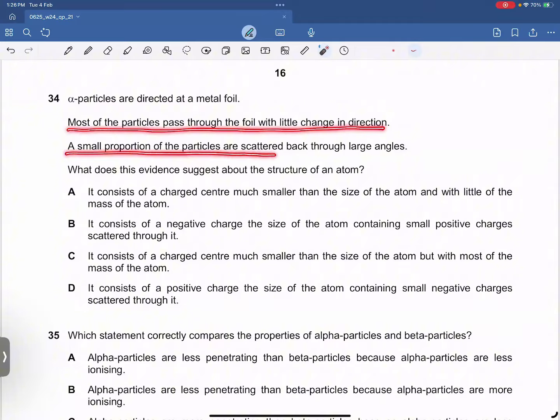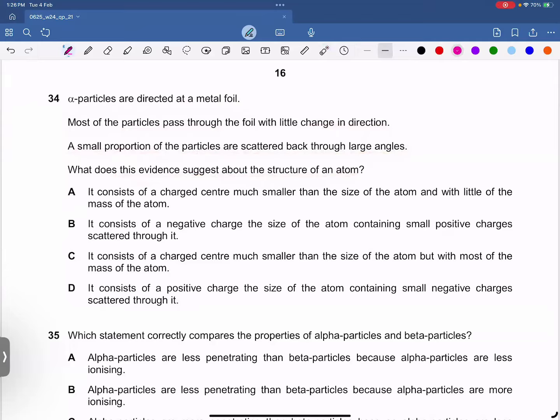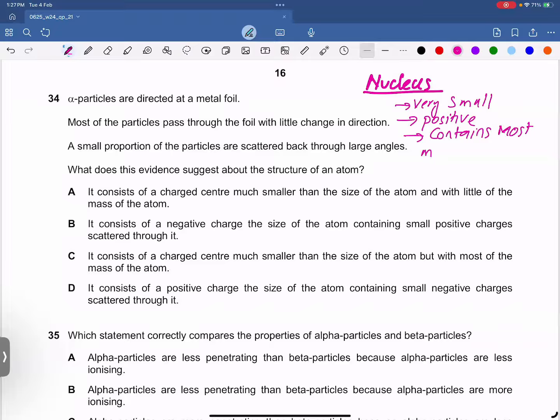A small proportion of them are scattered back. What does this evidence tell you? It tells you that the nucleus is very small, the nucleus is positive, and the nucleus contains most of the mass of the atom.